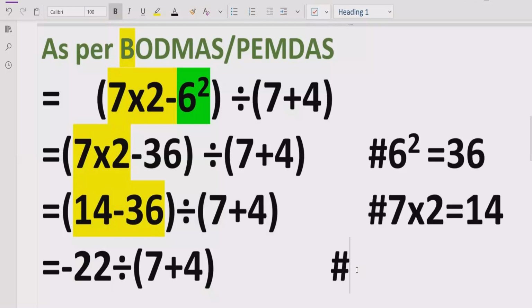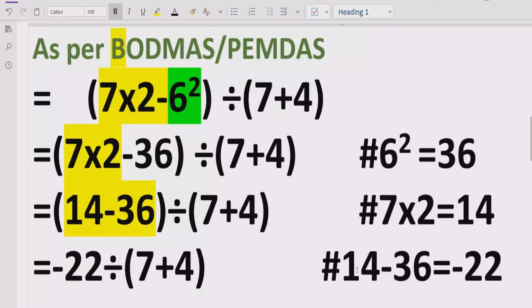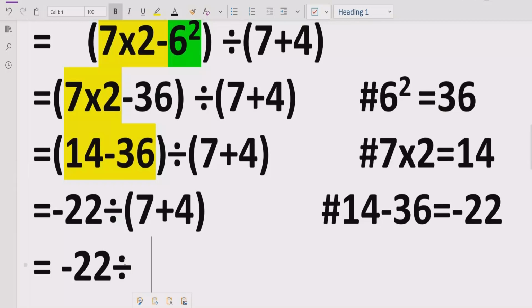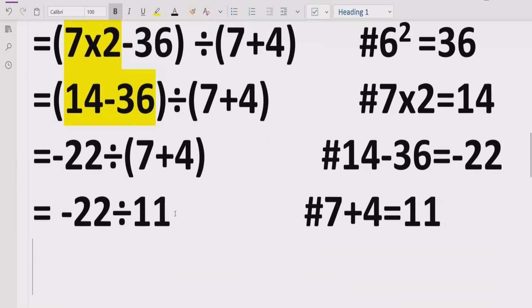Here we will give the reference: 14 minus 36 equals minus 22. Now we have another bracket. We will solve this one: 7 plus 4 equals 11, and now we will give the reference: 7 plus 4 equals 11.